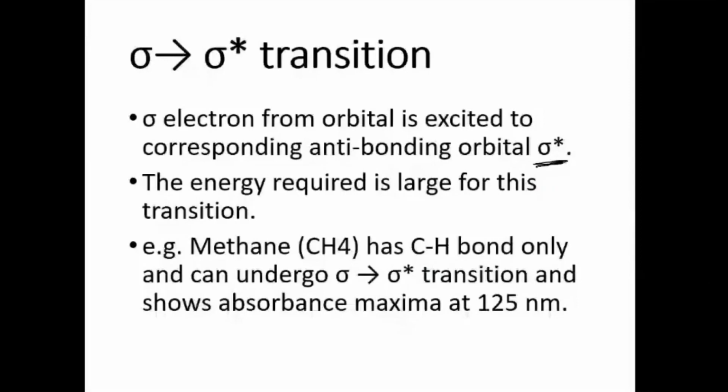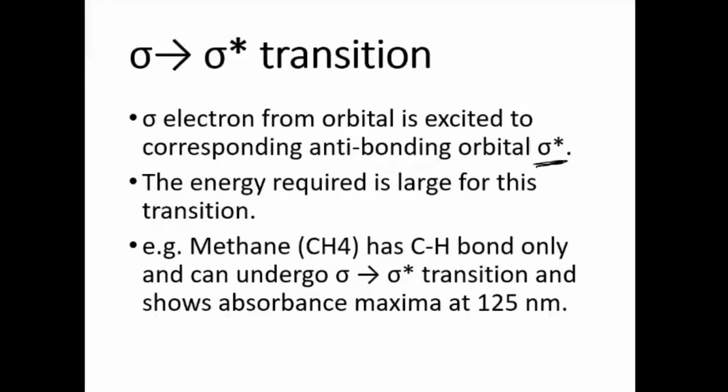To excite the electrons in that orbital, you require a very large amount of energy. When we say large amount of energy, it means electromagnetic radiation of shorter wavelength. The shorter the wavelength, the higher is the energy, the higher is the frequency.